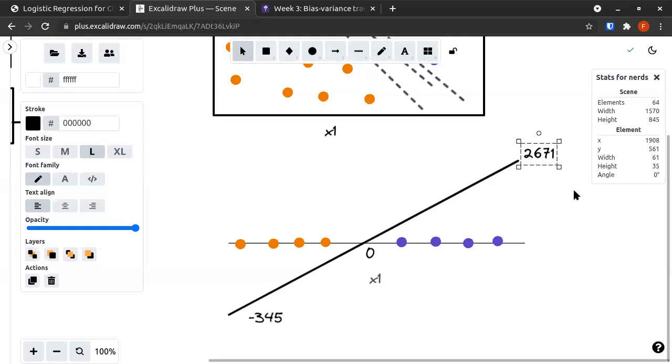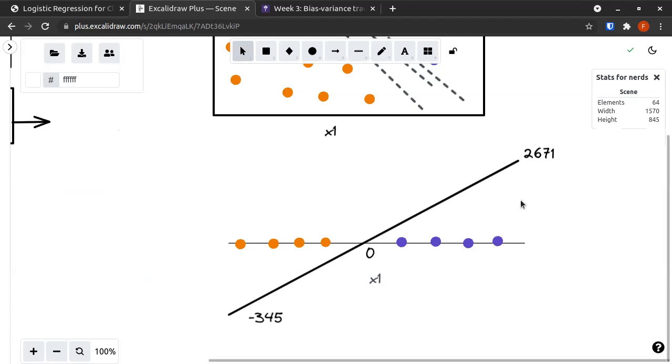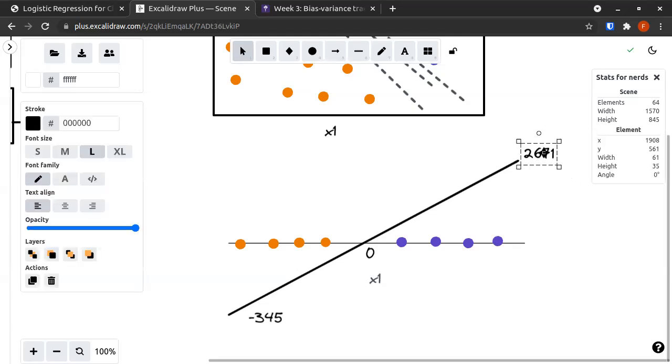And if we use a linear regression here where we try to predict y using some linear function, then we end up with values that are not really close to 0 or 1. It doesn't make a lot of sense conceptually, and it doesn't seem to make sense in terms of the loss function. We know that our squared error loss function considers 2671 to be very far away from 1.